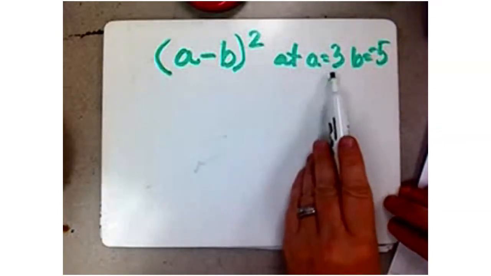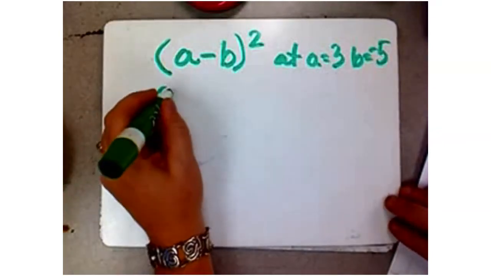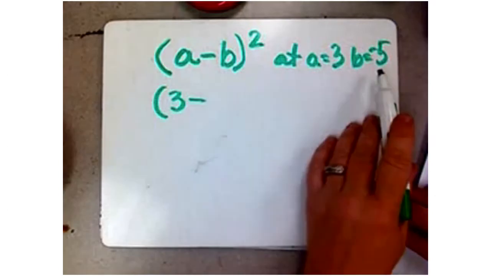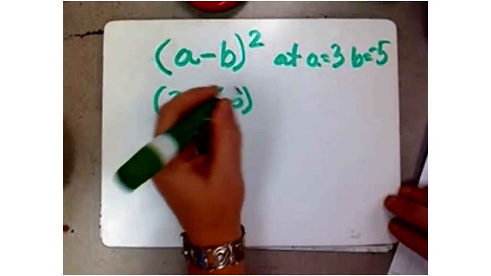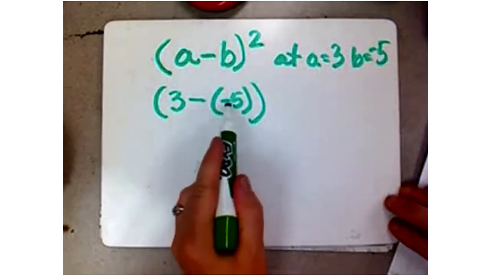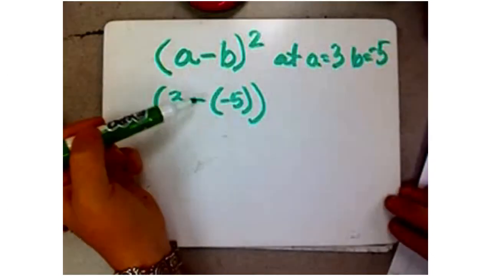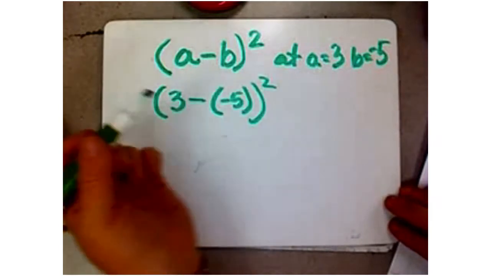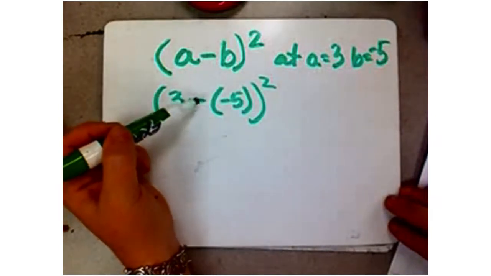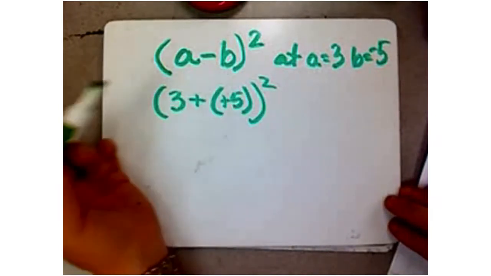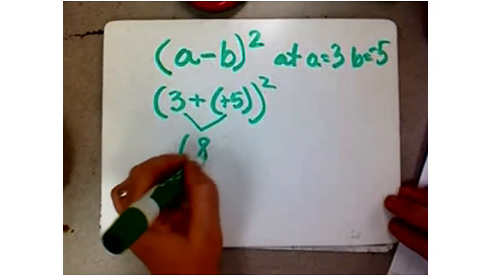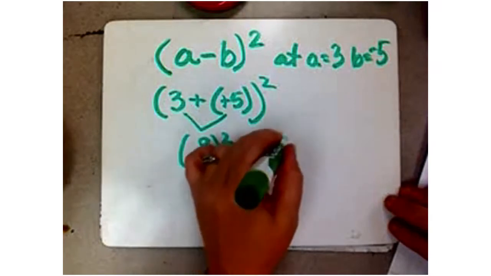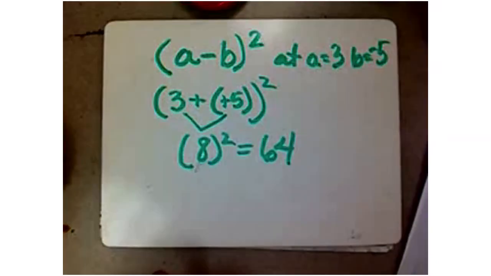So we're going to substitute in the 3 for the a, so open paren 3, minus, substitute in the -5 for the b, so notice I put it in parens, minus a -5, because the minus stays there, and then we put the squared. You should notice right away that a negative is a positive, so 3 plus 5 in the parens is 8, and then 8 squared is 64. If you follow along that example in the book, they go through the same process.